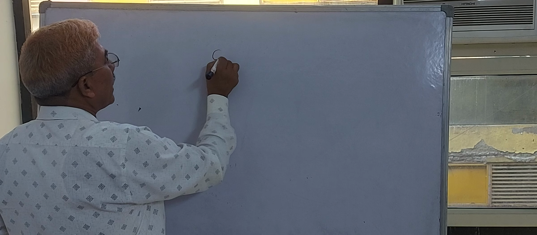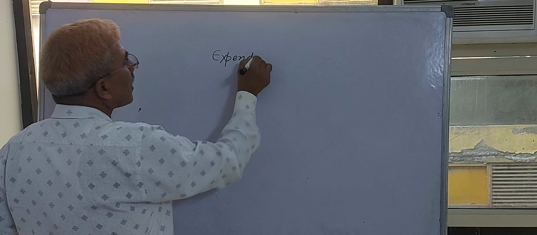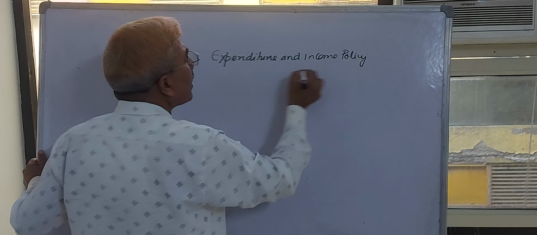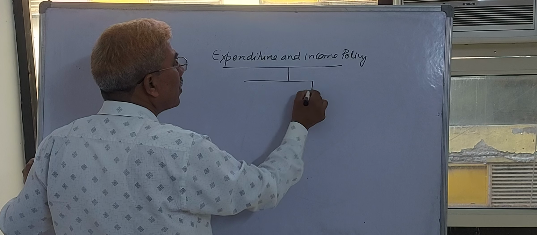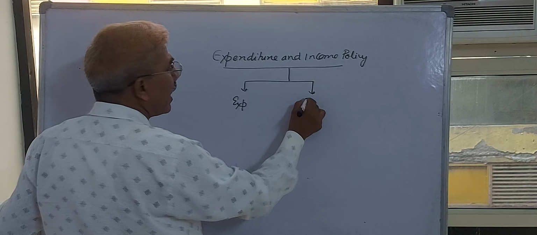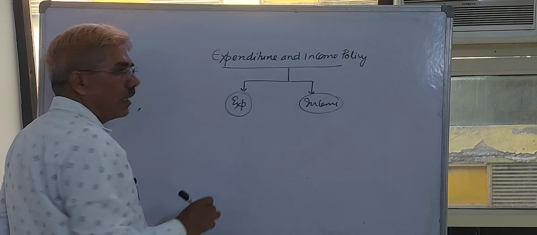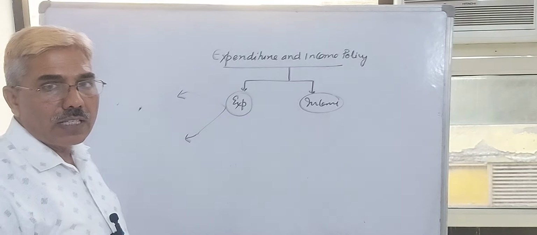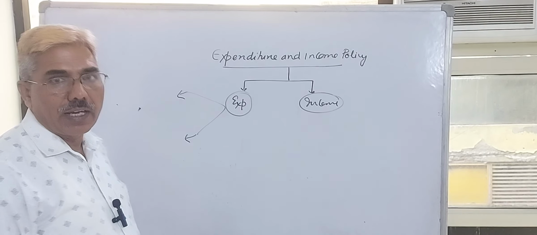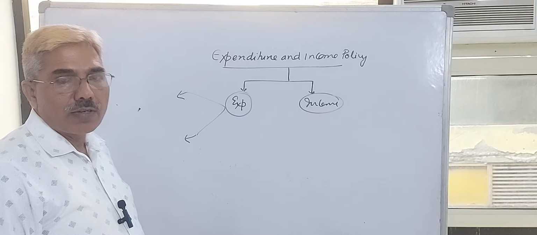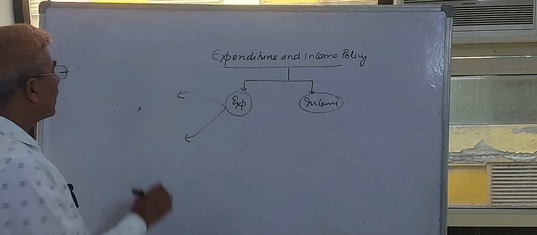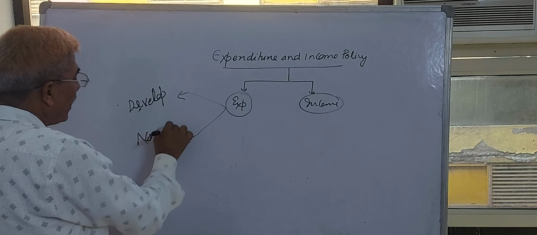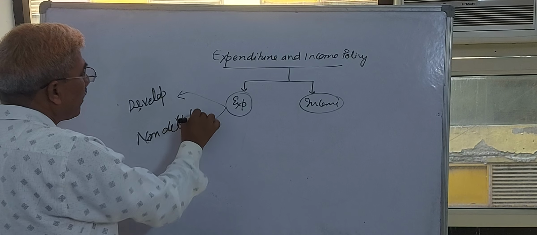Government expenditure can be classified into development and non-development expenditure. Since the 2018-19 budget, the government of India discontinued the classification of plan and non-plan expenditure, but the classification of development and non-development expenditure continues.